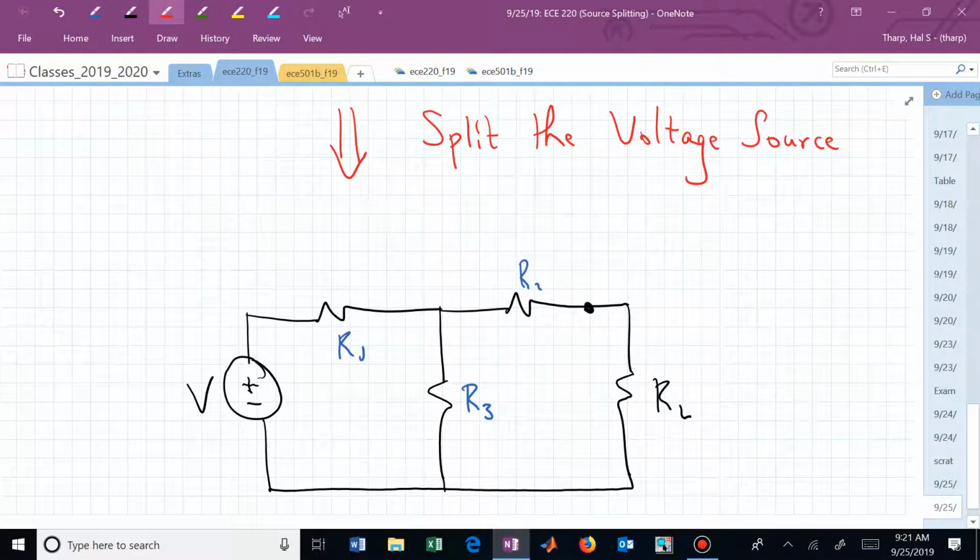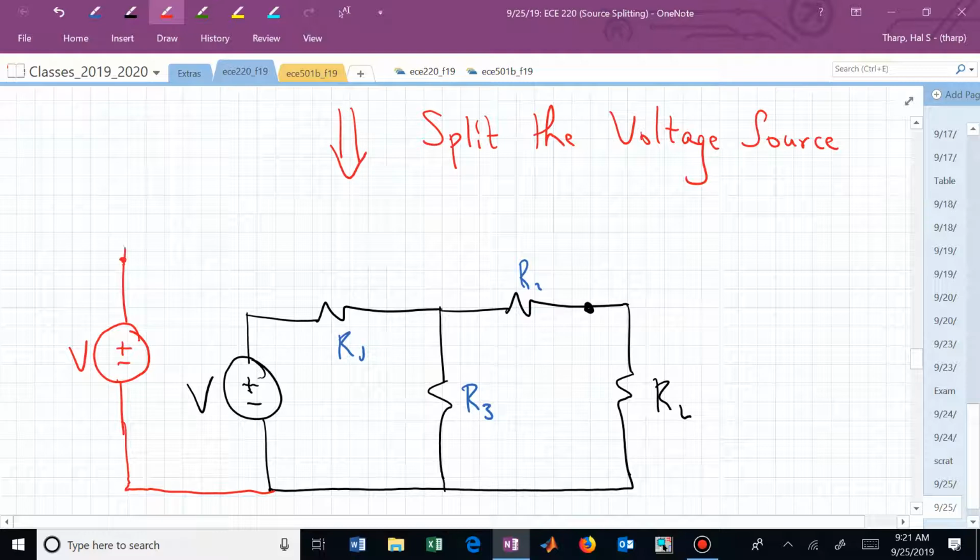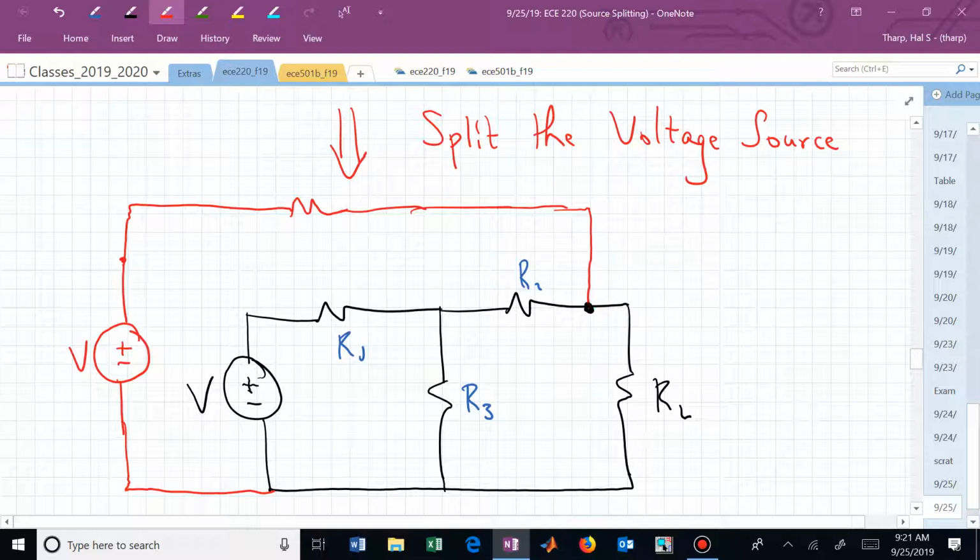But now what I want to do is pull off that same node, and I now can redraw that circuit with two voltage sources. I've now split the voltage source, and that particular node, which I had identified before, there and there, I'm maintaining the voltage V at that point.